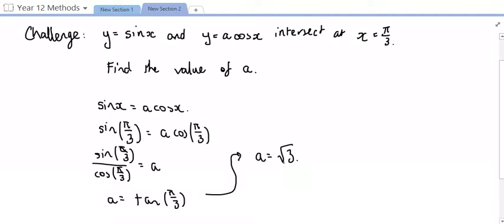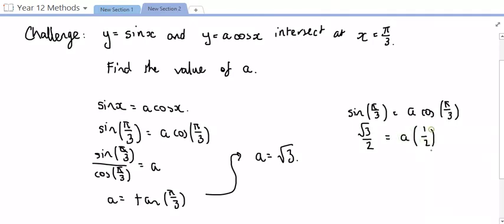Still similar idea. Alternative working, if you had sine of pi on 3 equals a cos of pi on 3, we can know these exact values as well. So sine of pi on 3 is root 3 on 2 equals a times cos of pi on 3, which is half.